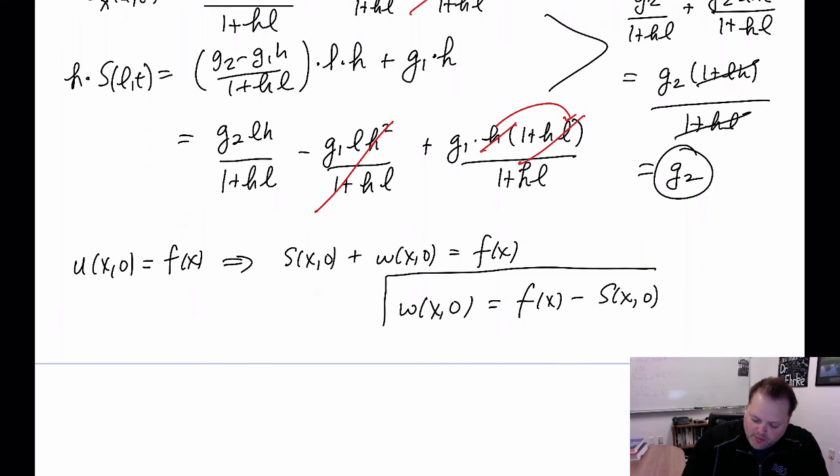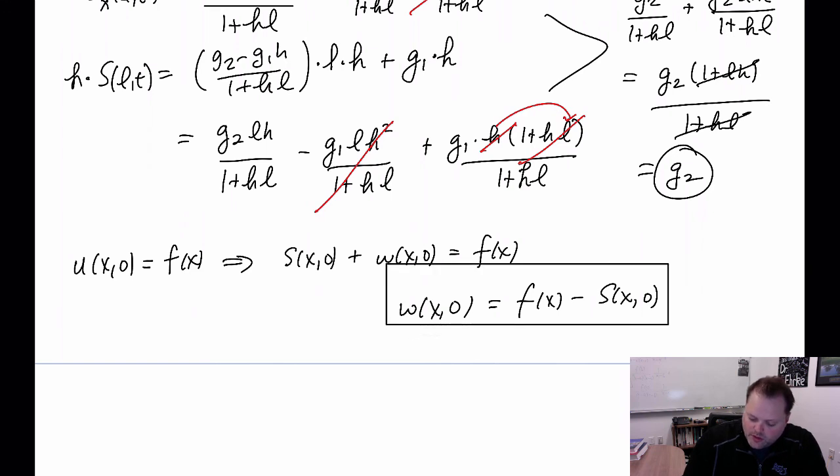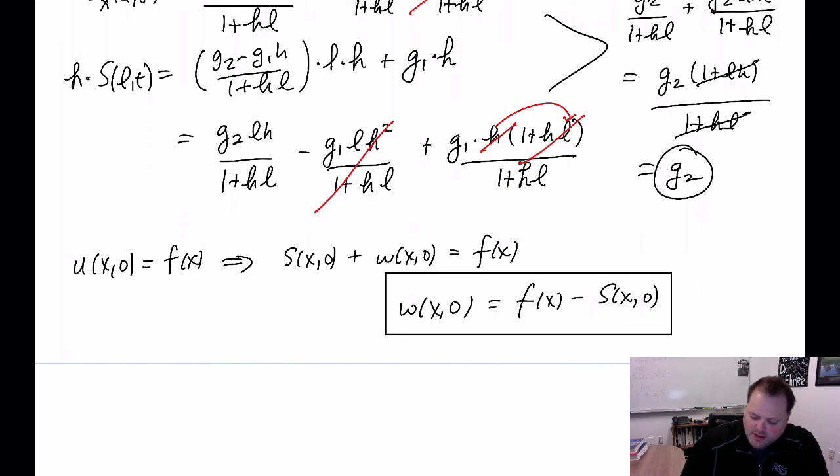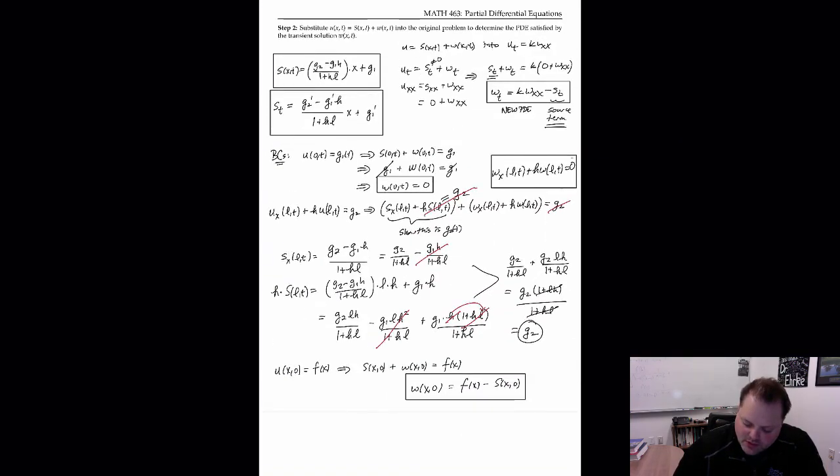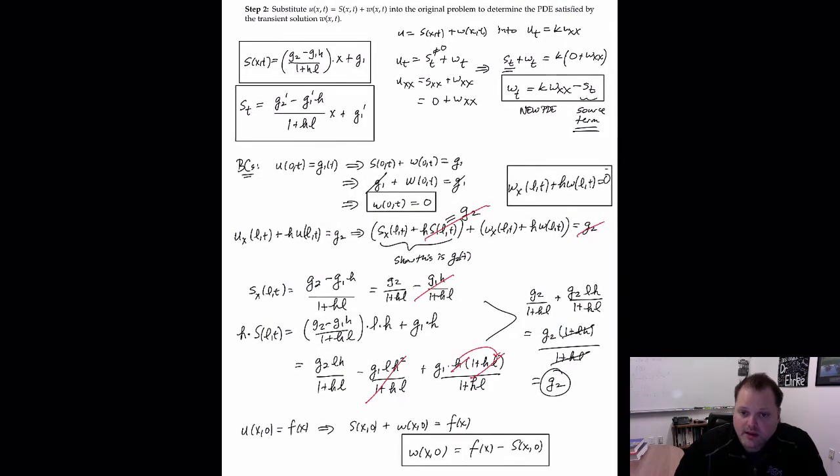So we know what our new initial boundary value problem is. It contains this new PDE, which is inhomogeneous. We've homogenized the boundary conditions at least, so we've made some progress. And we've got this as our new initial condition.